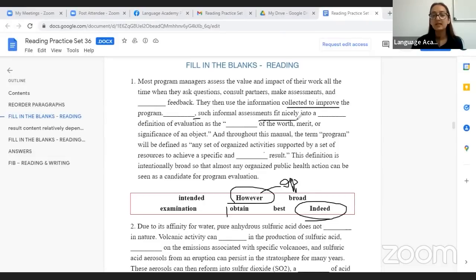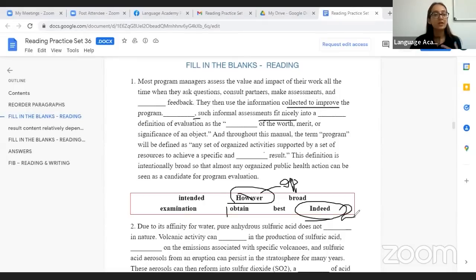It fits nicely into, so I don't know what is the reason for selecting however here. And those of you who are new, that's fine, but those who have attended a lot of classes, I'm not expecting however from you. There's no point of putting however, because however conveys opposite information, but these two sentences are positive. There's nothing opposite. That is why we should go with indeed.